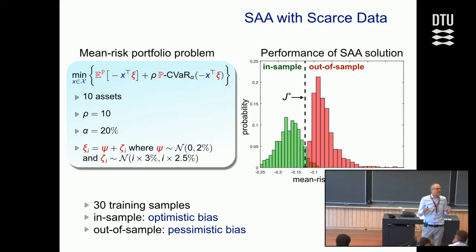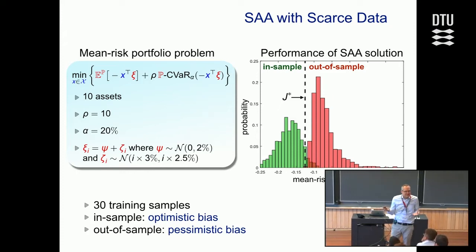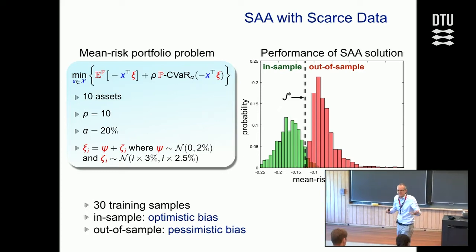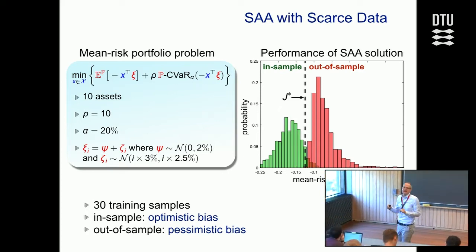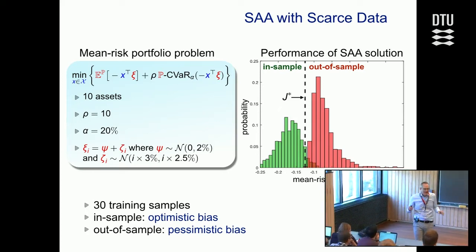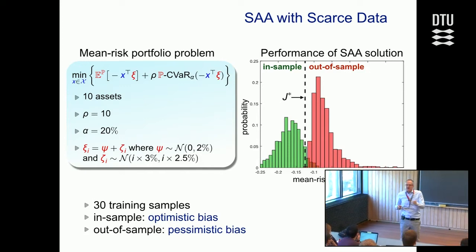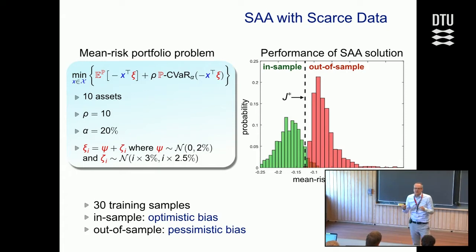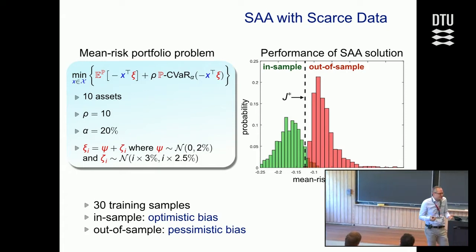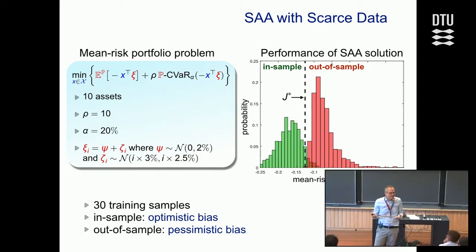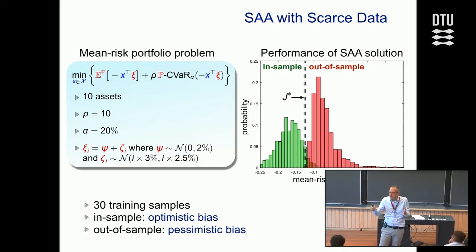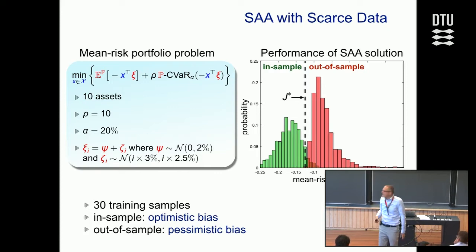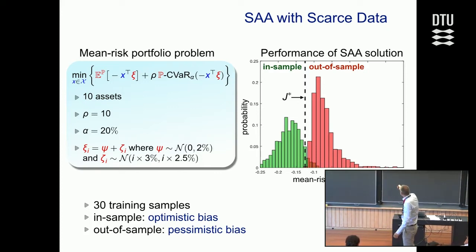Now, in order to get some statistically significant results, I repeat this same experiment where the investor sees 30 samples and solves the problem. I repeat this 10,000 times. Okay? And each time I record the optimal value of our optimization problem. Okay? The optimal value will be random because my samples, which are the input of the optimization problem, are random. So in the end, I get a histogram of optimal values of my problem. And that is the green histogram here.